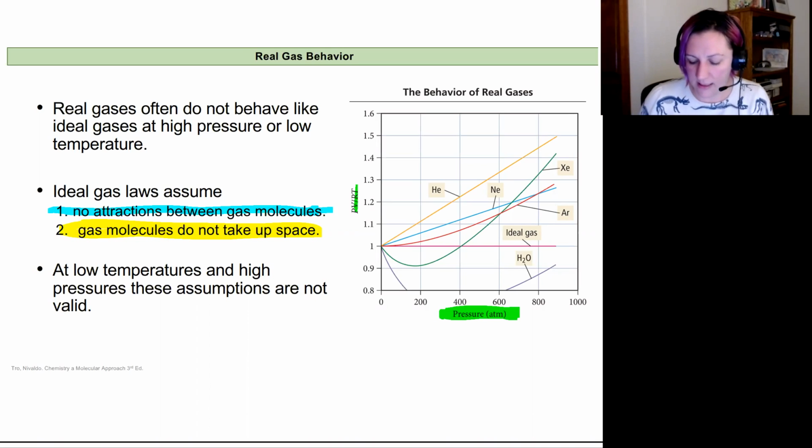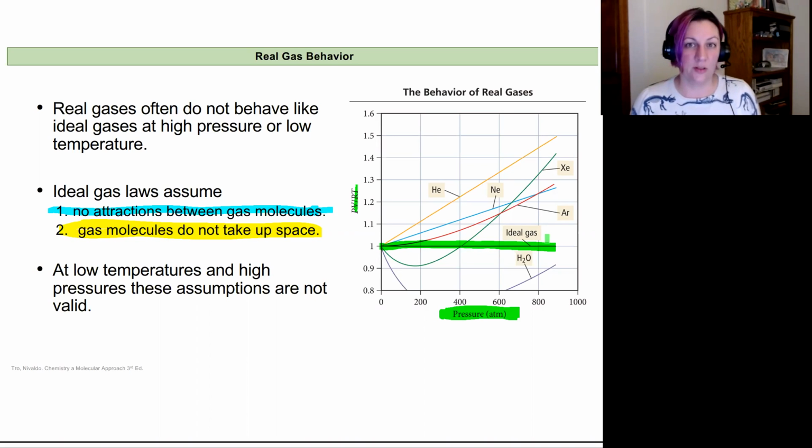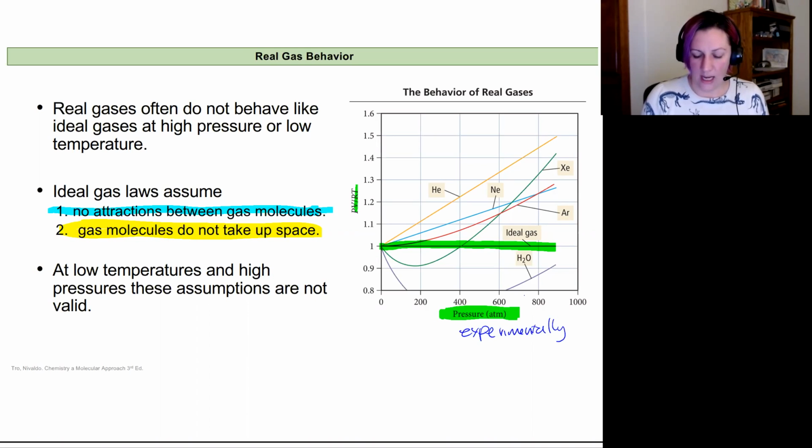So if you're an ideal gas, then everything would be the same. You would predict the value would stay the same for any calculation that you were doing using just the ideal gas law. And what this is comparing is the pressure measured experimentally and what is predicted by the ideal gas law.